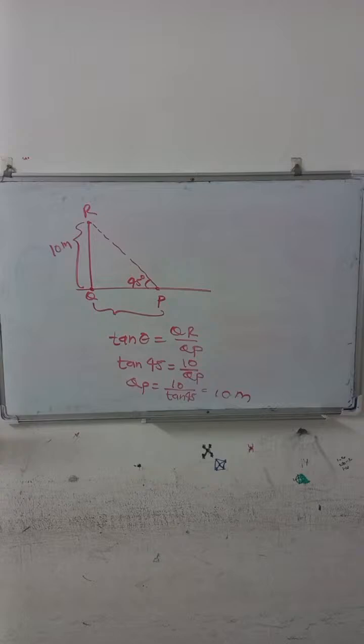I will repeat this. An observer 1.6 meter tall is standing 20 meters away from the tree. The angle of elevation from his eyes to the top of the tree is 30 degrees.